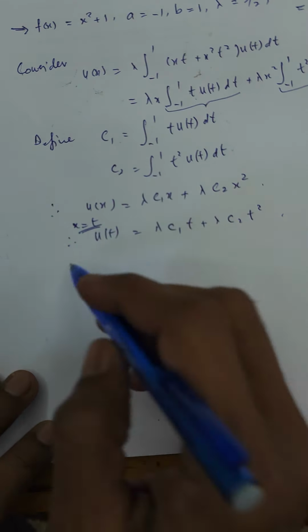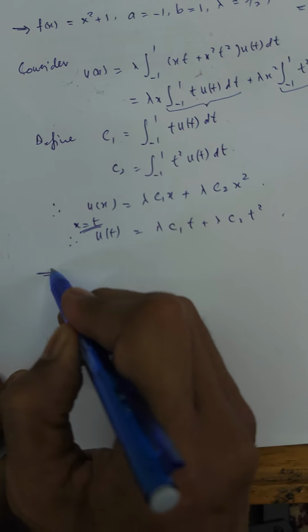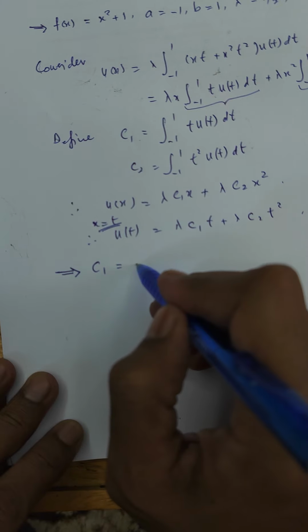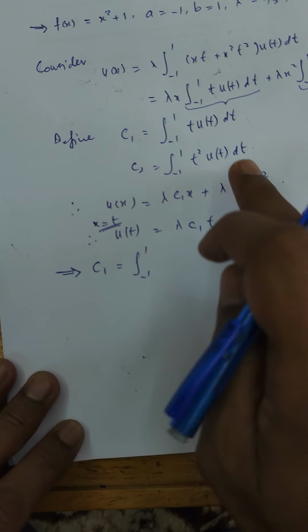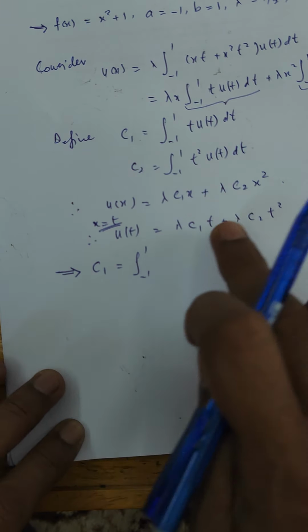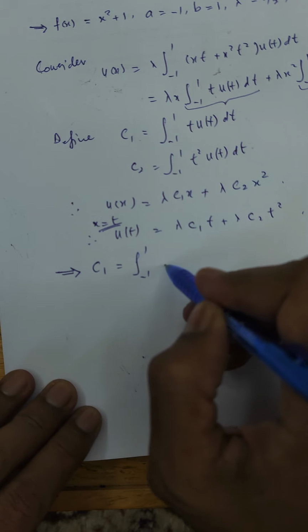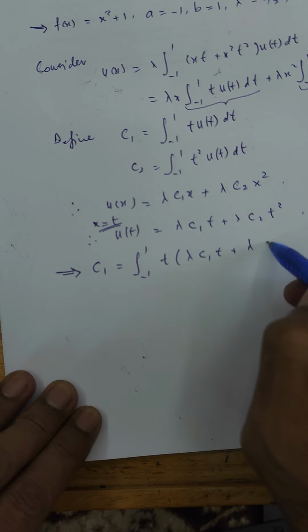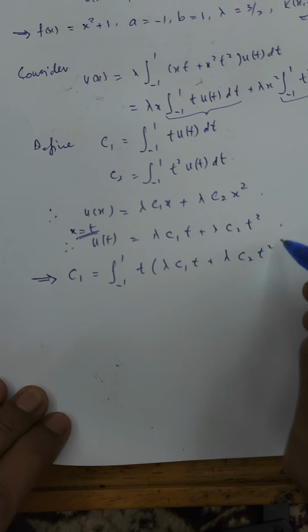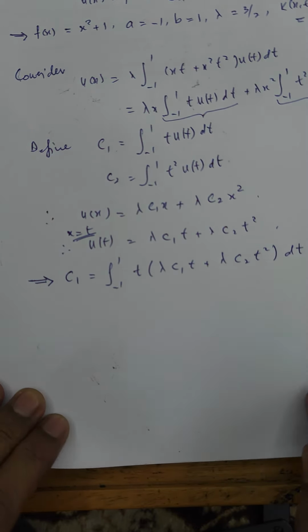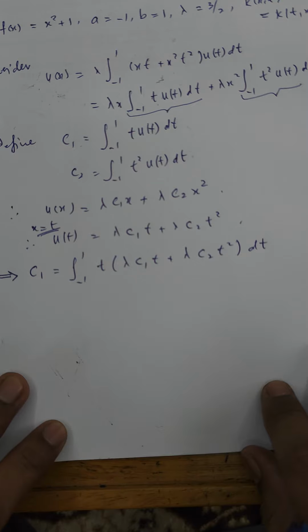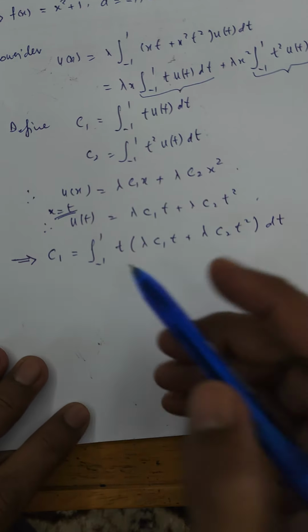Therefore we have C1 equal to the integral from -1 to 1 of t u(t) dt, where u(t) is given here, so t times (lambda C1 t plus lambda C2 t squared) dt. From there you can evaluate this.